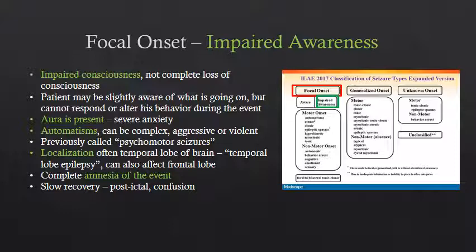Localization is often to the temporal lobe of the brain, which is why they were previously called temporal lobe epilepsy. The patient usually has complete amnesia of the event, and they have a slow recovery with a post-ictal state where they can remain confused.